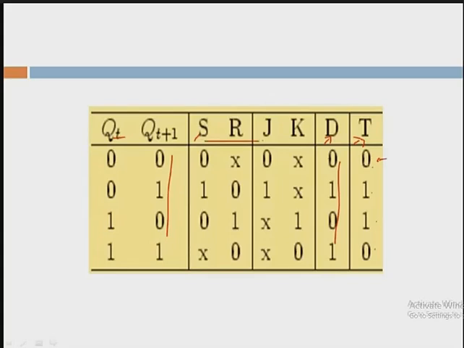Now regarding these two flip-flops, there is no need to recall all these tables. At least you should recall the S variable output line. If you recall the S variable as 0, 1, 0, cross, then while writing the R value, you can just reverse this line: cross will be here, 0 will be here, then 1 here, and 0 here.